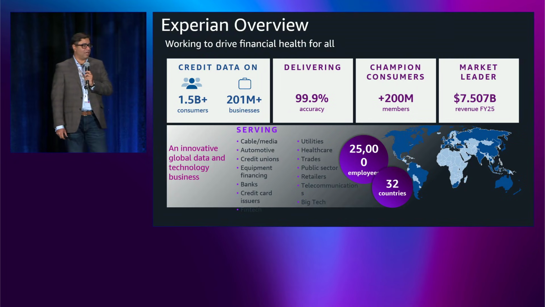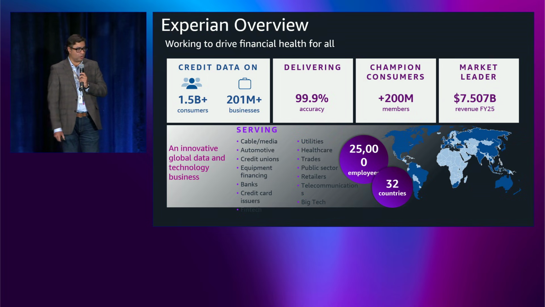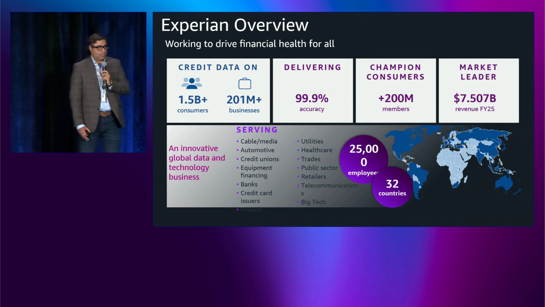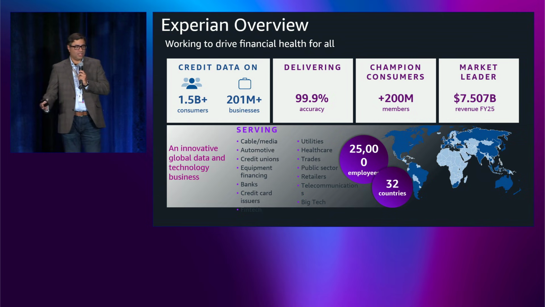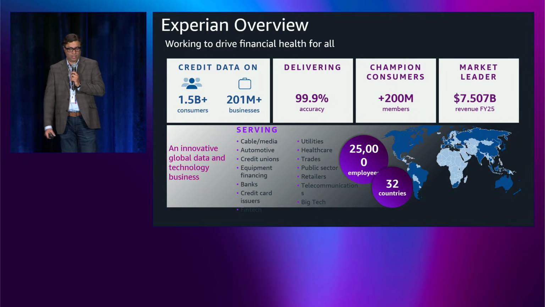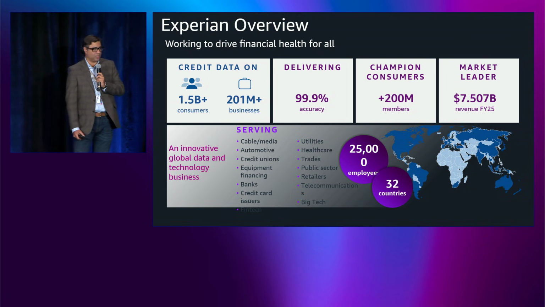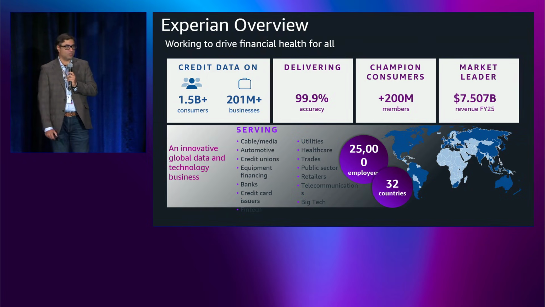We have around 1.5 billion plus consumers across the globe, and we serve small, medium, and large businesses, 201 million plus, across geographies. We have 25,000 employees across 32 countries, and across domains, not only credit, but also data, solutions, automotive, healthcare. And we are delivering all of this with 99.9% accuracy of data across multiple domains.